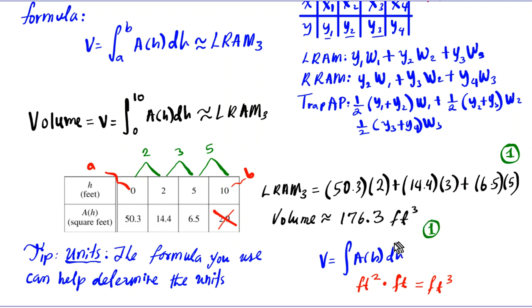Okay, and then if you specify the unit feet cubed, you earn a third of a point, but that is not guaranteed. This 1/3 of a point is contingent upon you specifying the units in all the parts of this problem that require units.